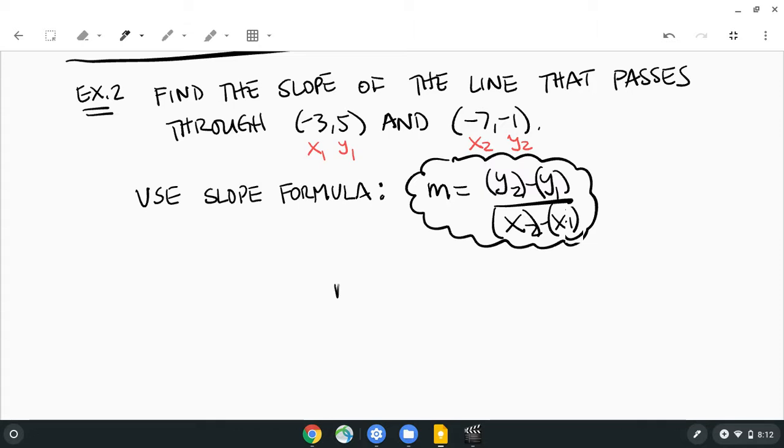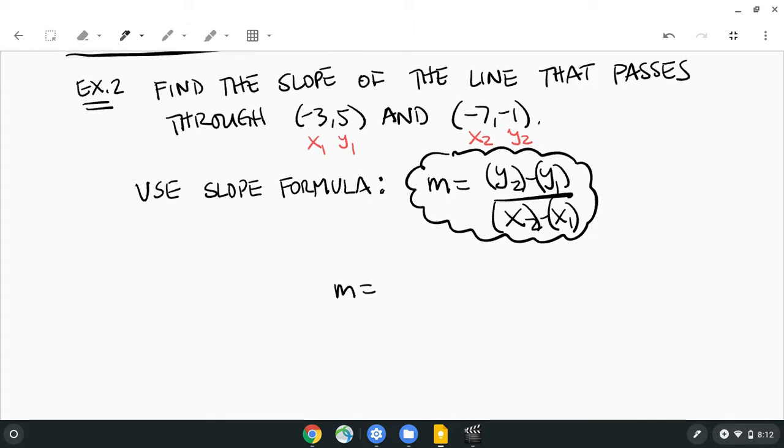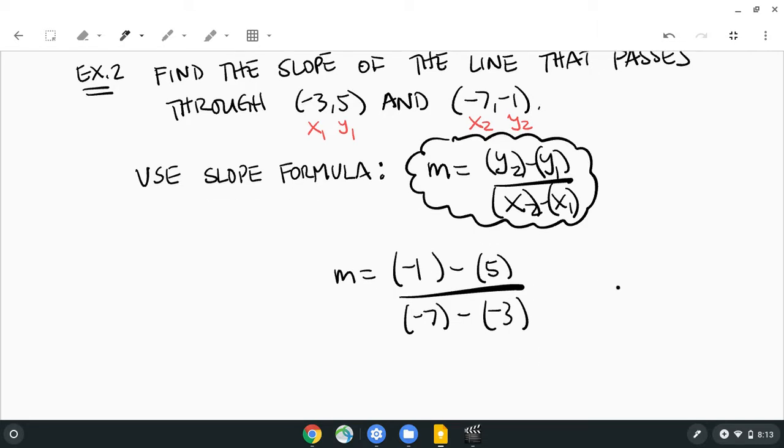Okay, so slope equals y2, which is -1, minus y1, which is 5, over x2, that's -7, minus x1, x1 is -3. Okay, so it kind of helps keep things organized whenever you have all these negatives floating around in here, plus the subtraction in the formula. So a lot of times students will think that that subtraction counts for this -3. It does not. Okay, so just make sure you use parentheses.